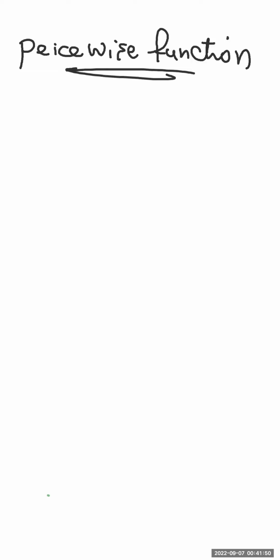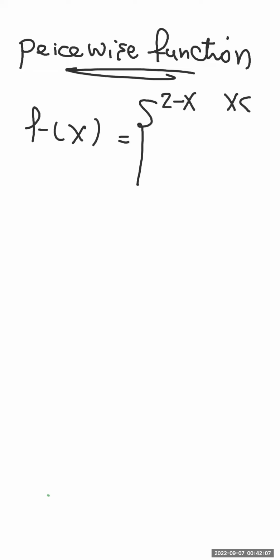So this means if the function is like this, f of x will equal 2 minus x if x is smaller than 0, and x minus 2 if x is greater than 0. So 2 different values for x, and also 2 rules for the function.